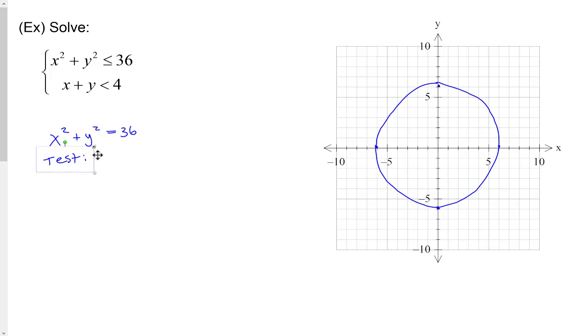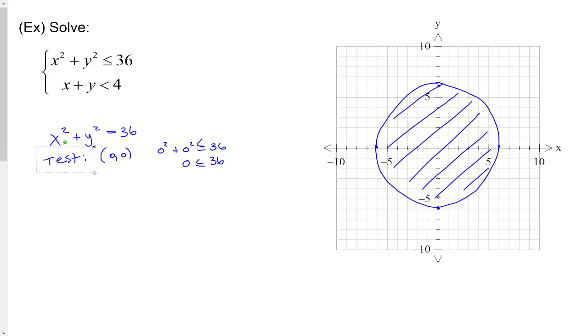If you take the test point 0, 0, for instance, and plug that into your equation, you would have 0 squared plus 0 squared is less than or equal to 36. So that means 0 is less than or equal to 36, which is true. So we would shade the inside of the circle. So this inside portion is shaded.